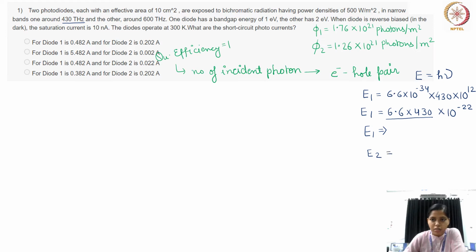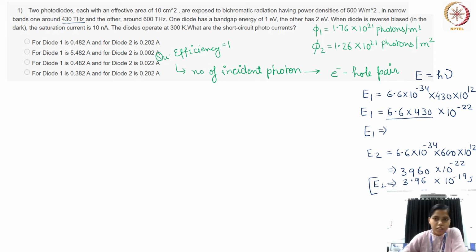I am writing here for the E2 similarly, 6.6 into 10 raised to the power minus 34 multiplied by 600 into 10 raised to the power 12. No one is replying there.